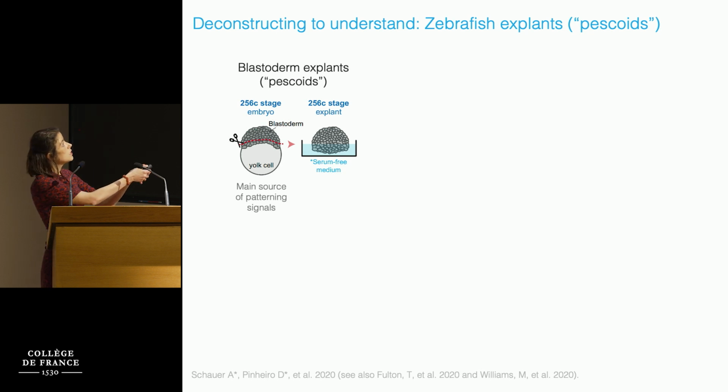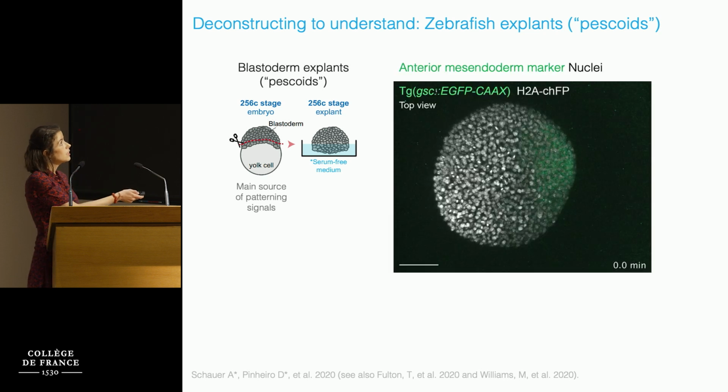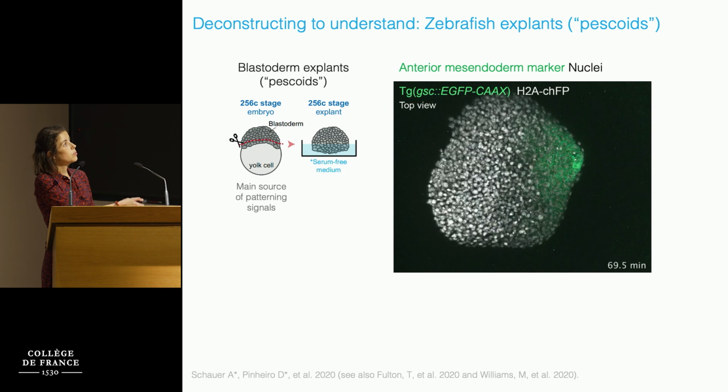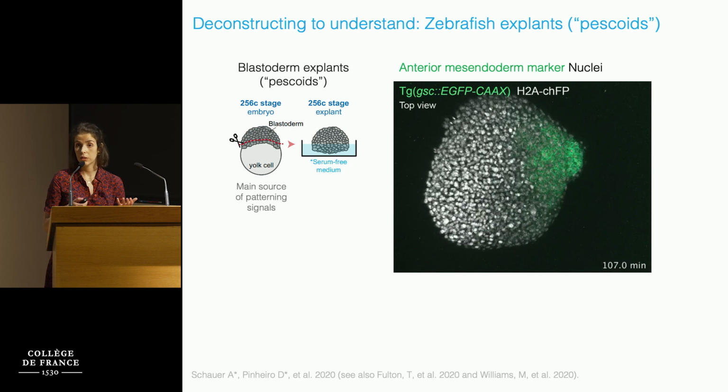And so what we did was that we separated the zebrafish stem cells from the yolk cell, which is a main source of patterning signals during gastrulation. And we cultured these cells in serum-free media, just in a dish, and we asked, what are these structures able to form? What you can see here in this movie is that not only they were able to survive, but they're also able to specify the derivatives of the 3 germ layers.